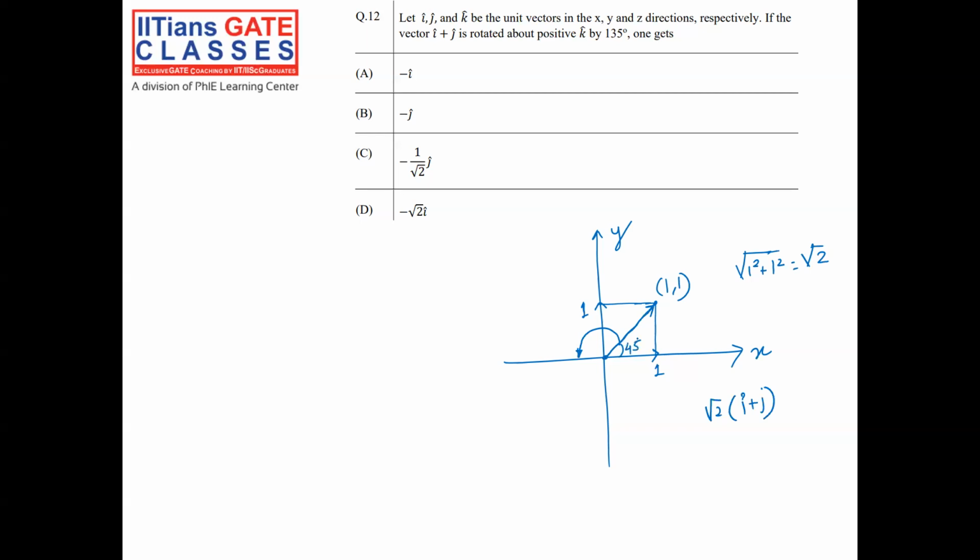So as we are rotating by 135 degree, we will end up with a vector which will look like this. So this vector will be along the negative x direction. So it is in terms of i, and we can see only 2 options are there, option A and D, out of which option D is correct, because magnitude of this vector is root 2, and if we rotate it by 135, we'll get minus root 2 i.